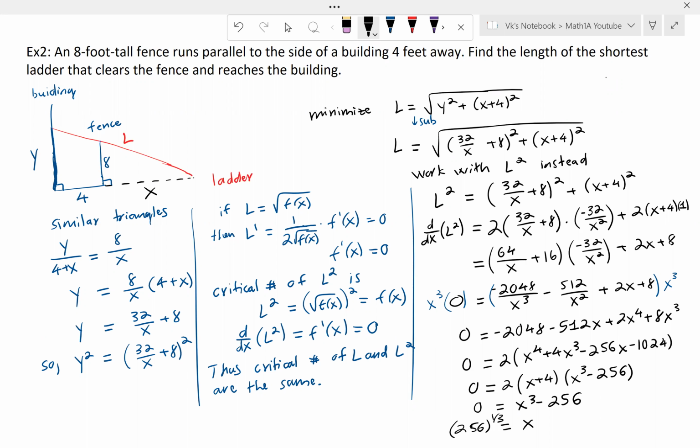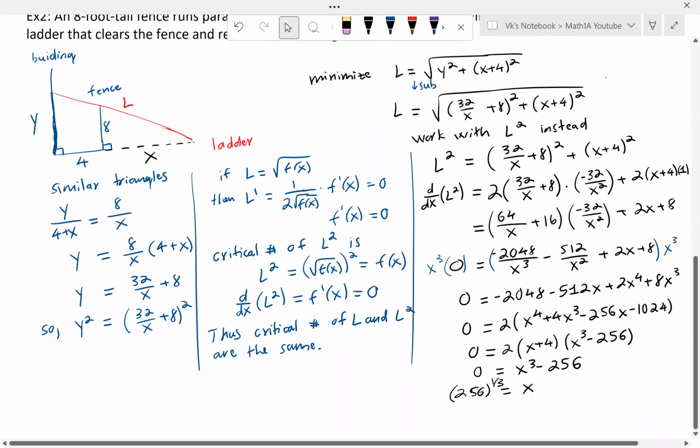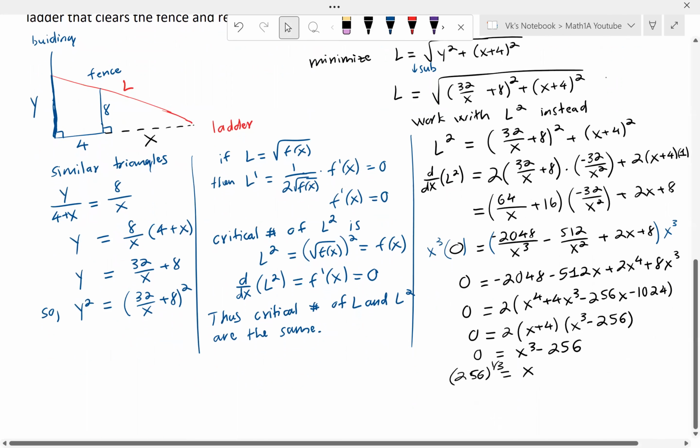You can work out this problem, do the first derivative test, and then you see that this number is the local minimum. So once we have x, we have to figure out the length of the ladder. We just do the substitution in there and simplify it.